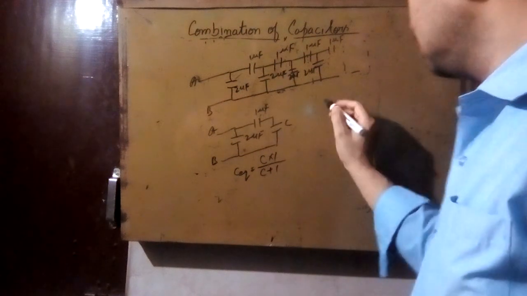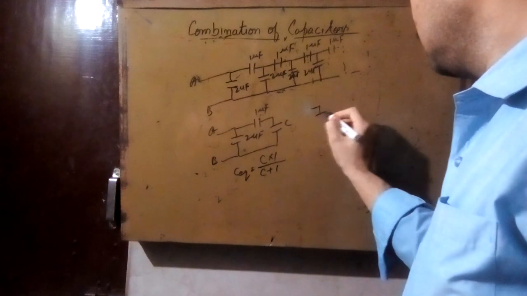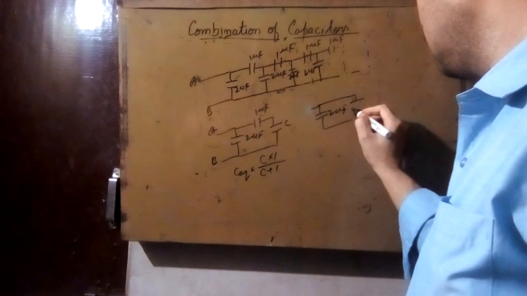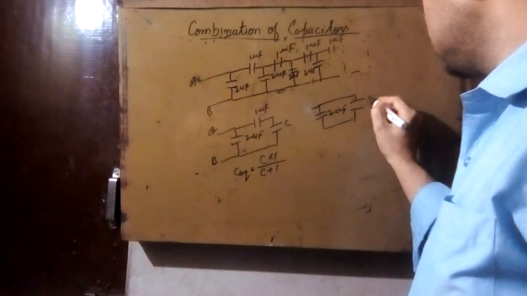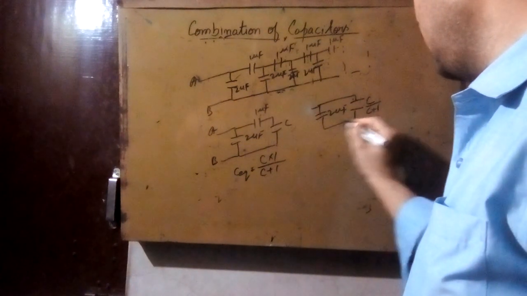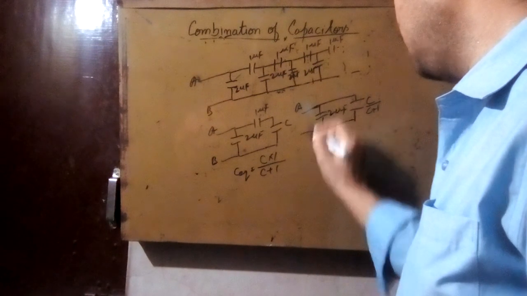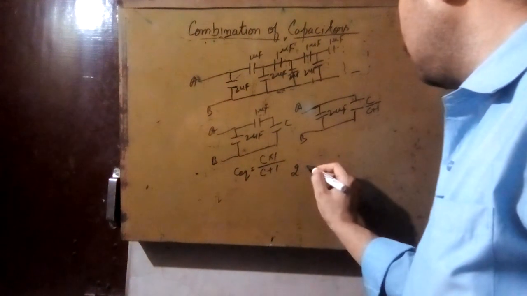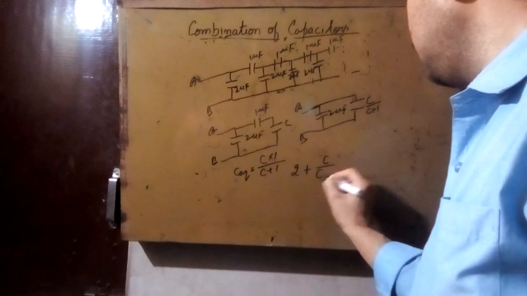And next, this is 2 microfarad, and this is combined with C by C plus 1. Now they are in parallel. This is point A, this is point B. If they are in parallel, what is the net capacitance? 2 plus C by C plus 1.